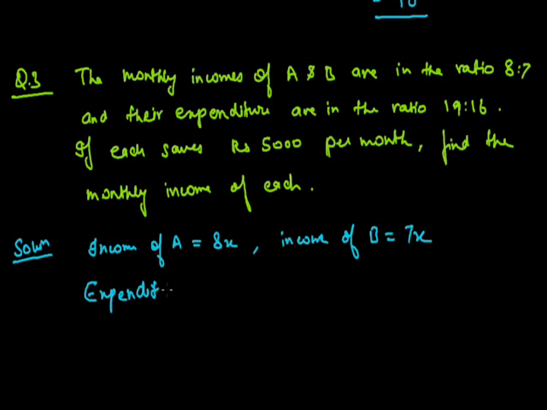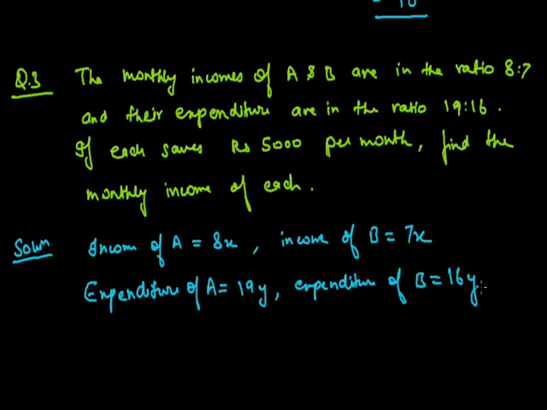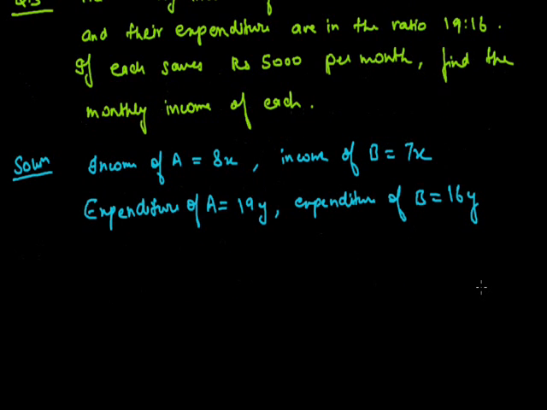The expenditure of A we'll take as 19y and the expenditure of B as 16y. Accordingly we have taken their expenditure in the ratio 19:16, that is 19y and 16y. If both are saving rupees 5,000 per month, we need to find their monthly income.